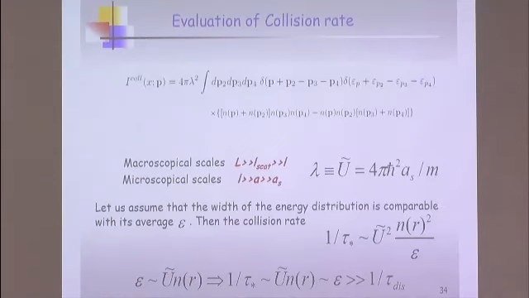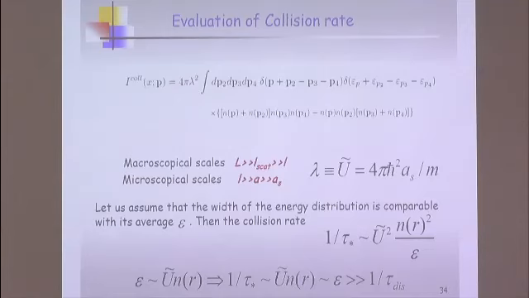So if one takes an estimate of this collision rate, which is the same as the quasi-particle lifetime, then one will get that this lifetime is given by that expression. That is done on the assumption that one has a distribution in energy which is comparable with the energy itself. Then that is the rate.